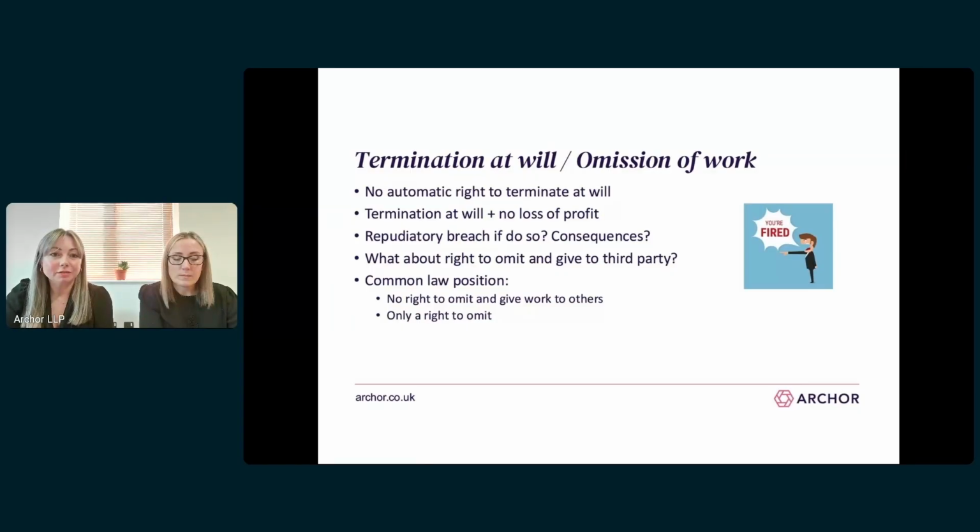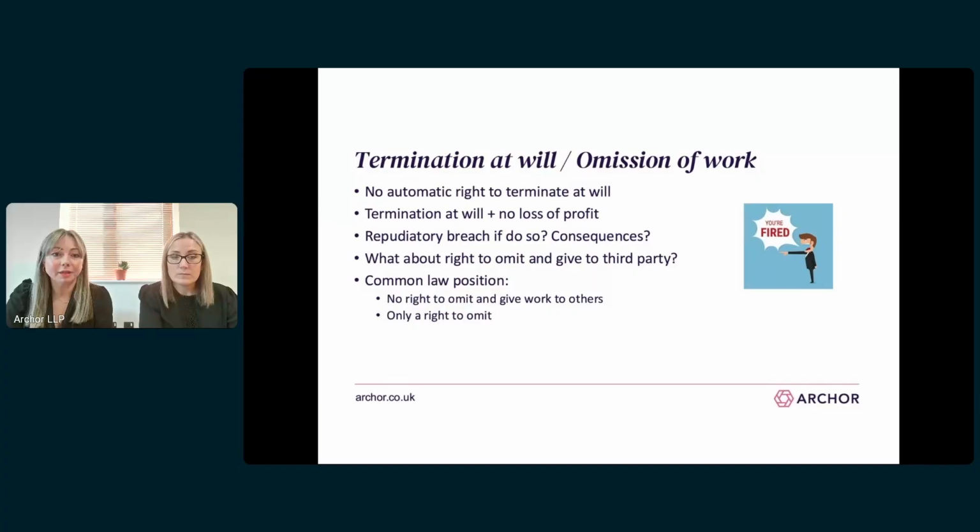So this is obviously a risky clause for the contractor to agree to. A contractor will likely have planned its business around a particular project, and if the employer has a right to terminate for no reason at all, this could leave the contractor in a really difficult position, particularly if there's no right for the contractor to terminate at will in his subcontracts downstream.